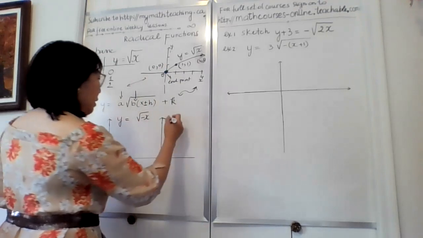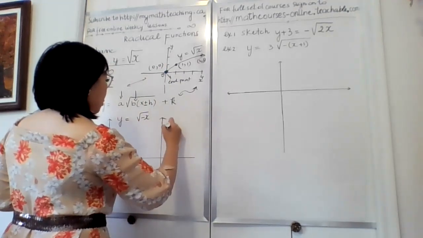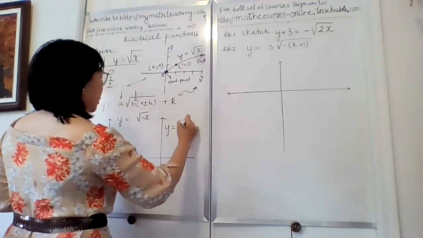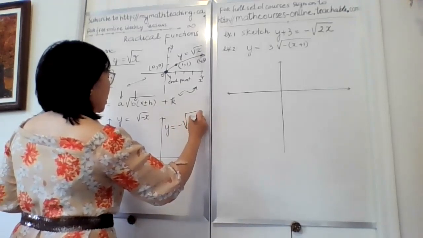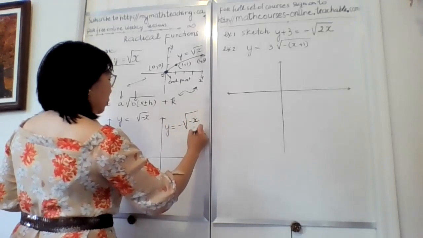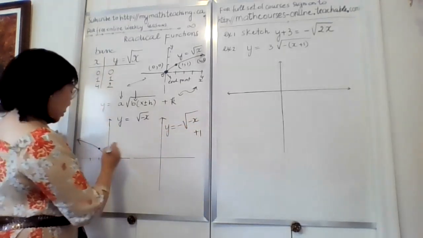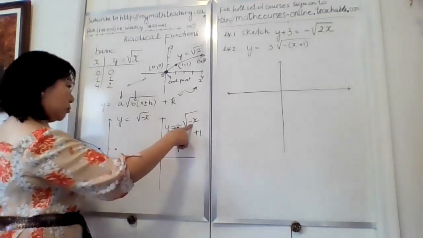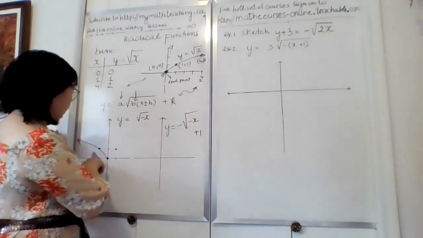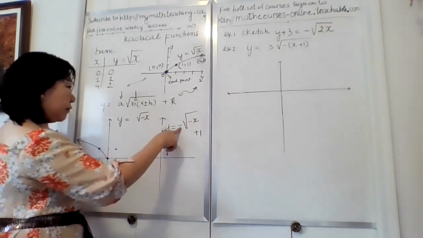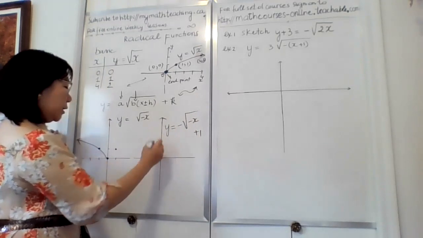Now, let's say in another function, I want you to sketch y equals minus square root of minus x. Based on this transformation, we have the first shape looking like this. Now this shape will also be reflected over the x-axis.